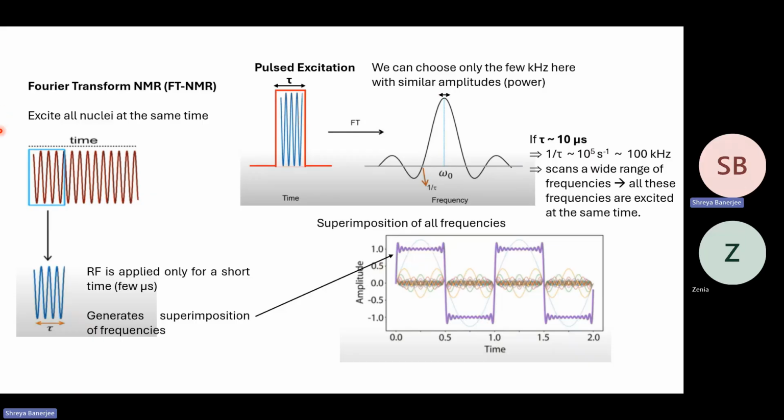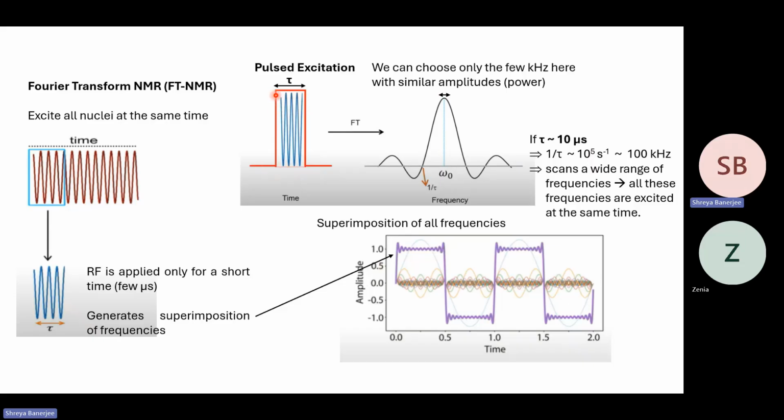FT-NMR. There, what we do is that we add an RF pulse for only a short time of few microseconds. So it is represented like this. This red kind of rectangle you can see, that represents a radio frequency pulse. The radio frequency pulse is actually like this wave.